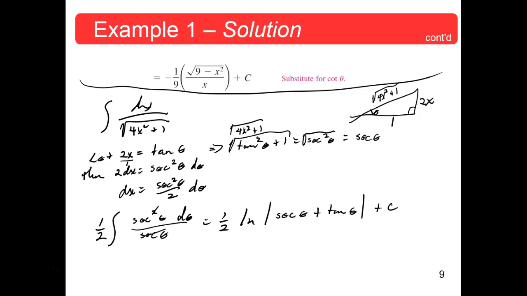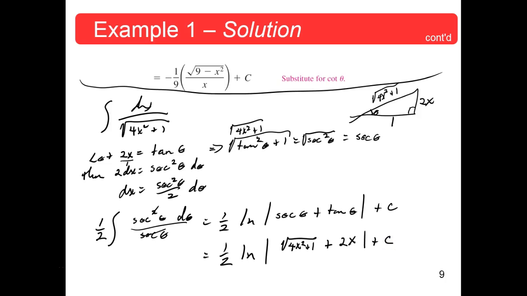So this will be 1/2 the natural log of, and your hypotenuse is the square root of 4x squared plus 1 over adjacent, which is 1. Ha! That's pretty nice. Plus, and what is tangent theta? 2x plus c.